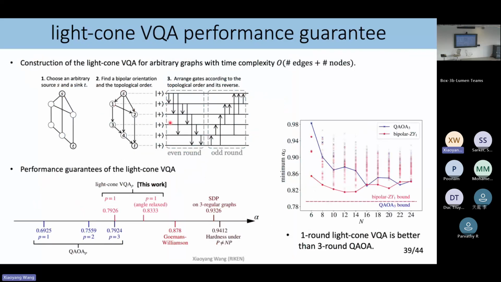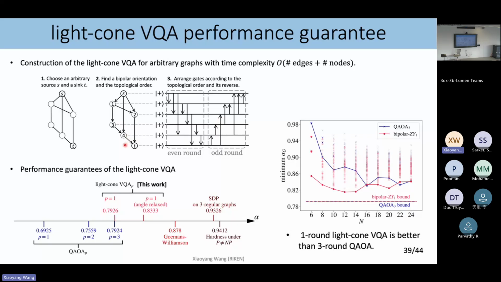And this Latcon VQA can be constructed for an arbitrary graph with a time complexity of the order of the number of edges plus the number of nodes, which guarantees the efficiency of the gate construction.